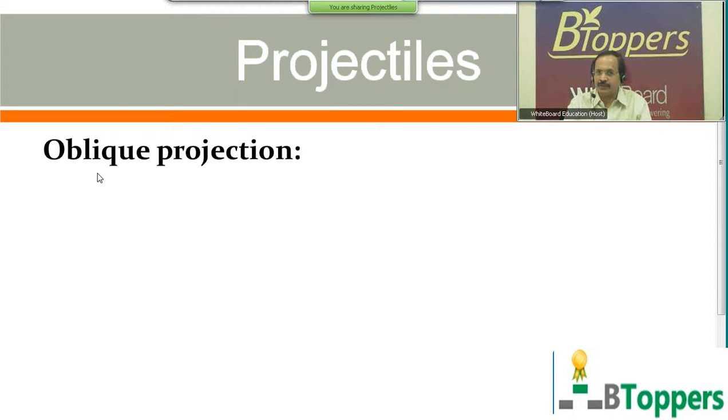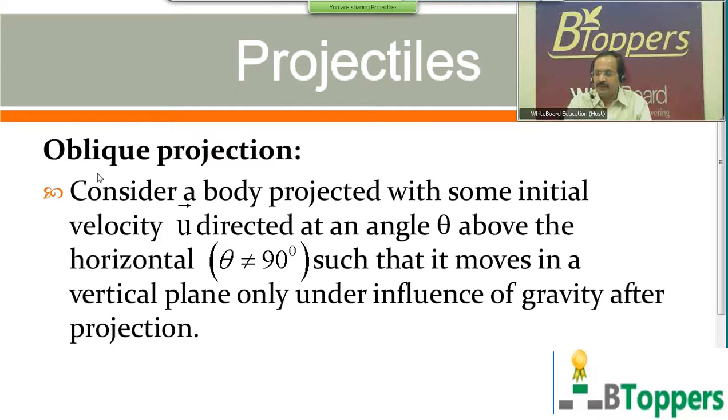First, oblique projection. We are discussing projectiles. Consider a body projected with some initial velocity u bar directed at an angle theta above the horizontal, theta not equal to 90 degrees, such that it moves in a vertical plane only under the influence of gravity after projection.